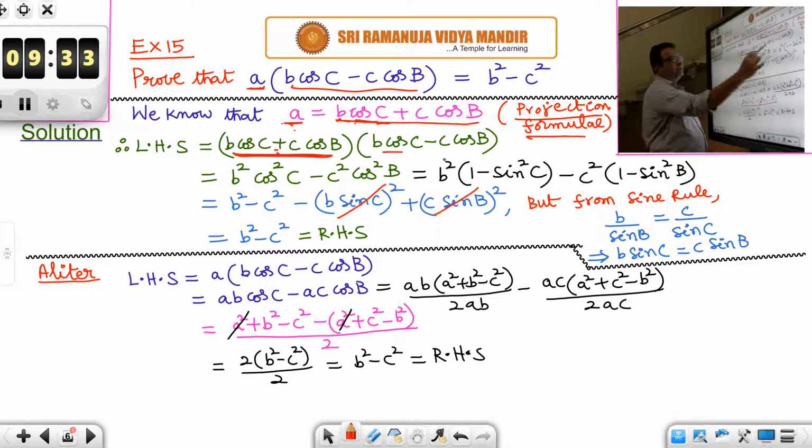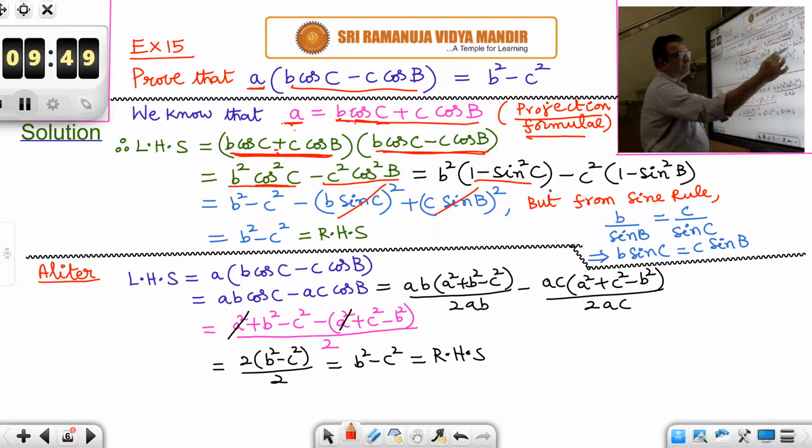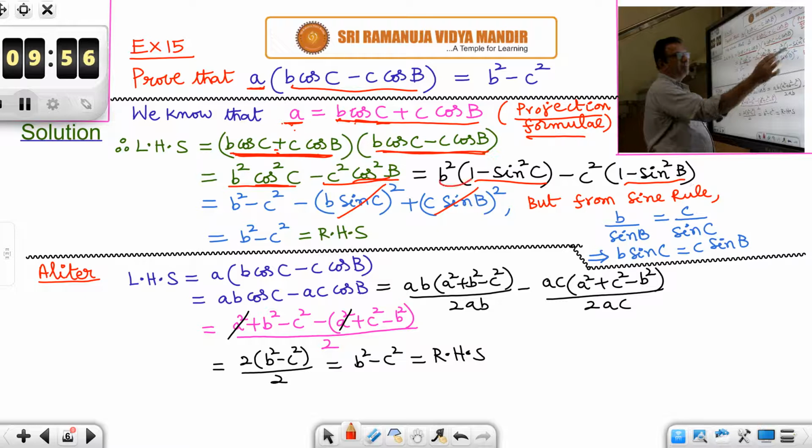So b cos C minus c cos B. So it is now just like x plus y into x minus y, x square minus y square, b square cos square C minus c square cos square B. Now cos square C is written as 1 minus sin square C. Similarly, cos square B is written as 1 minus sin square B. Now expanding b square into 1 here minus c square into 1, b square minus c square, that is the right hand side. Remaining will cancel out. How they cancel out? Let us see.